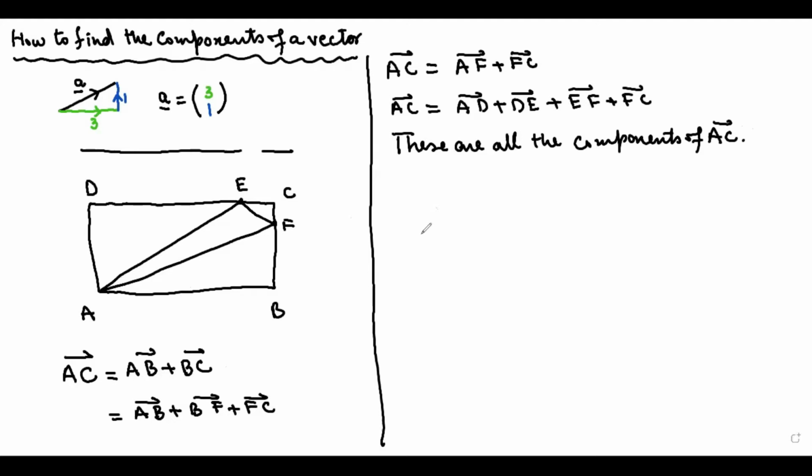Now the method of writing the components: in AC, A is the tail and C is the head. How to write down the components?